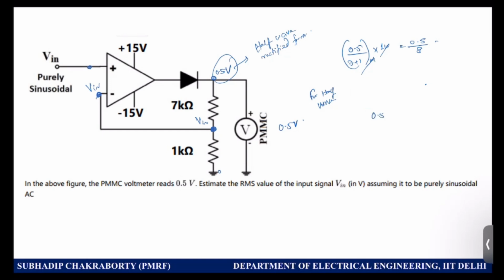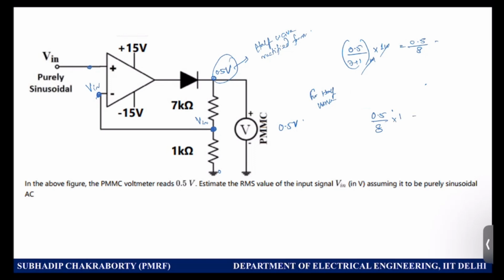So 0.5 is Vm by pi. So what is V? 0.5 by 8 into 1.